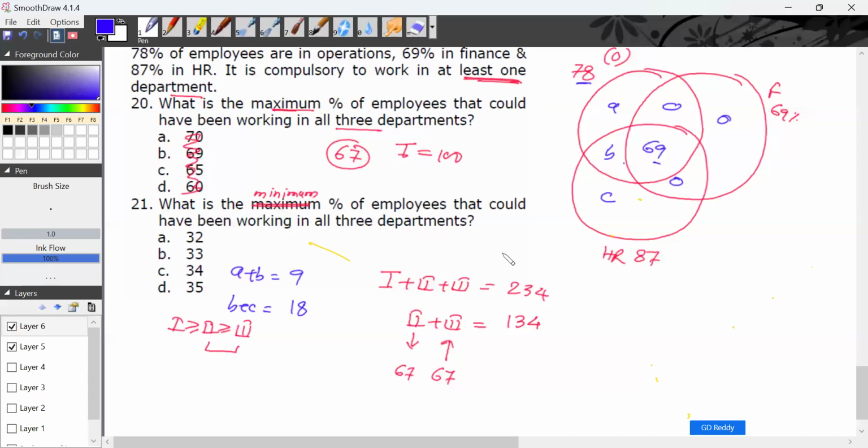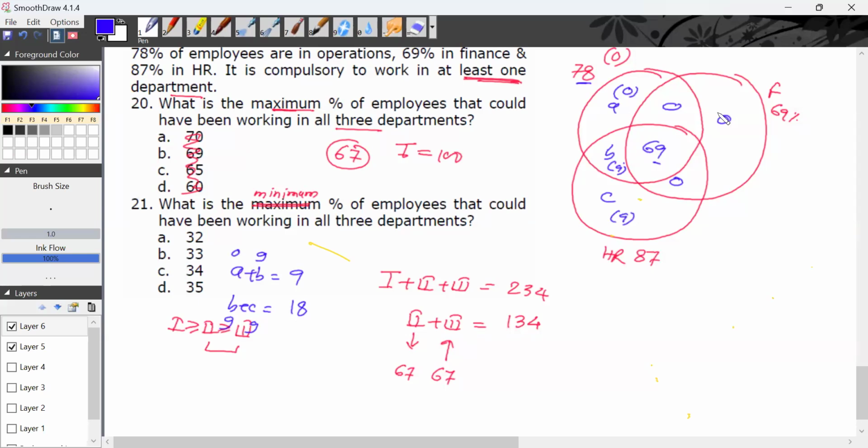So can we take some values here? For example, if I take the value of A to be 0, B to be 9, so here 9 will come. So one way is 0, this is 9, and this is also 9. Now get the union.